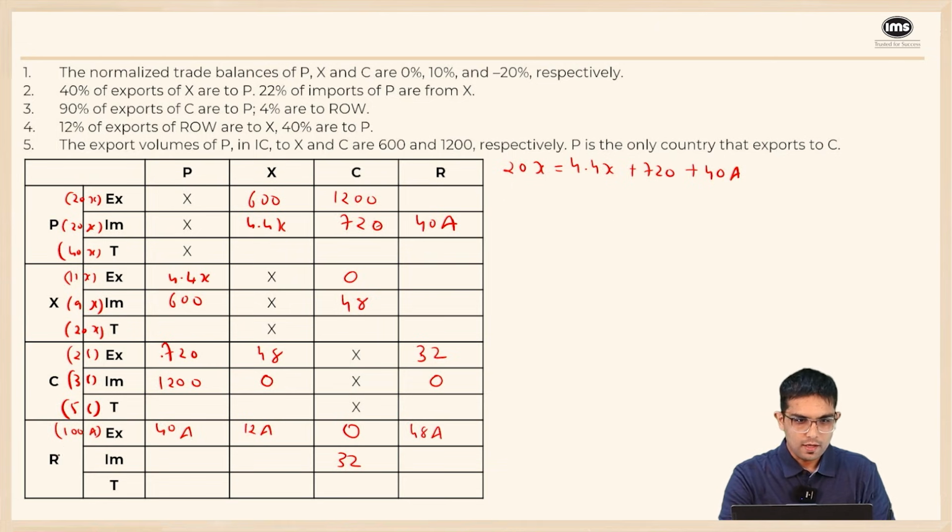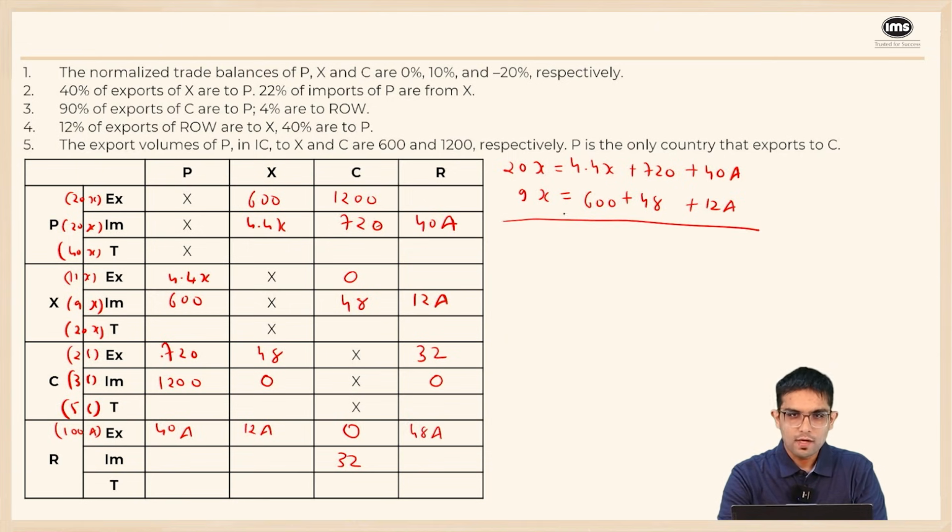And if we see R's export to X was 12A, so X's import from R will also be 12A. So we'll get one more equation, that is 9x is equal to 600 plus 48 plus 12A. So we have got two equations and two unknowns. We will have to solve for x and A.